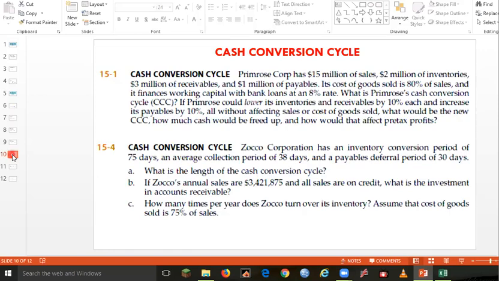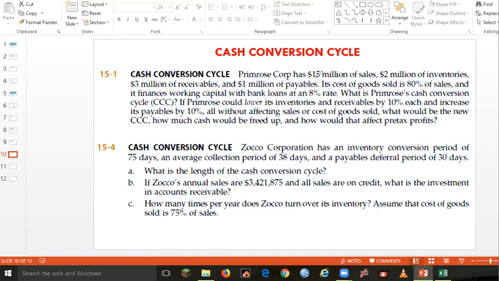So here is the problem. From your course pack, page number 567, we are going to start 15-1, the cash conversion cycle.